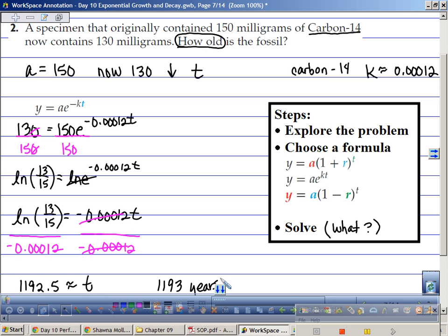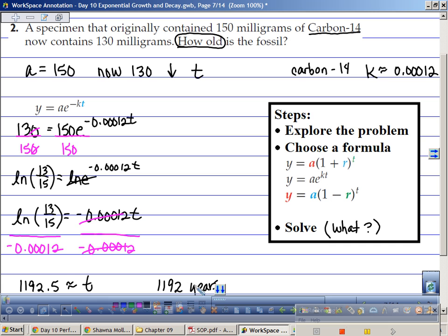It's not a full year. Yeah, but we're talking about decay, right? I would agree. True, I would agree with you. The book says 1193, but just because the book says it doesn't mean it. That's true, I agree. Let's go with 1192, unless somebody has another way of reasoning through that.